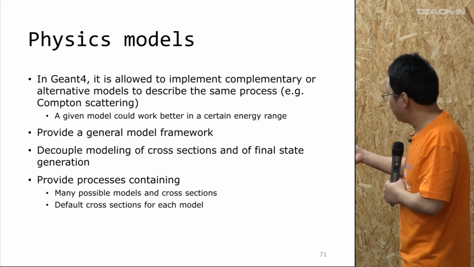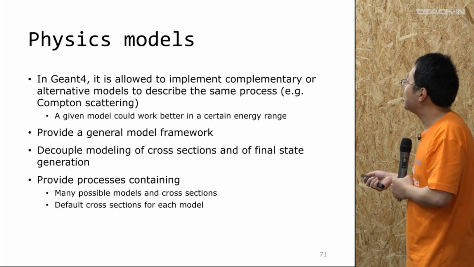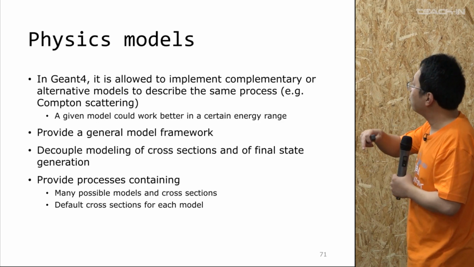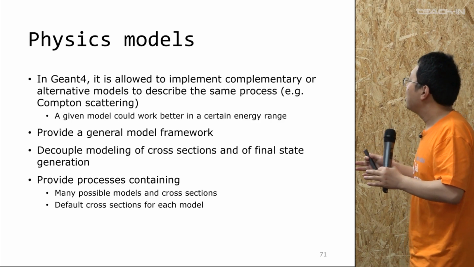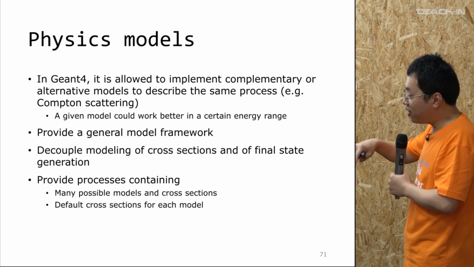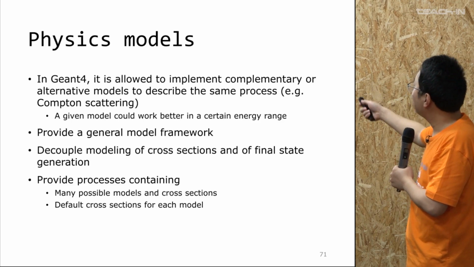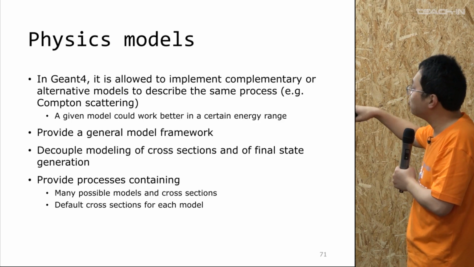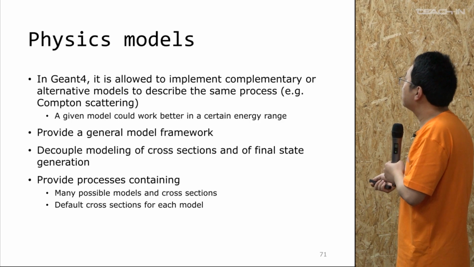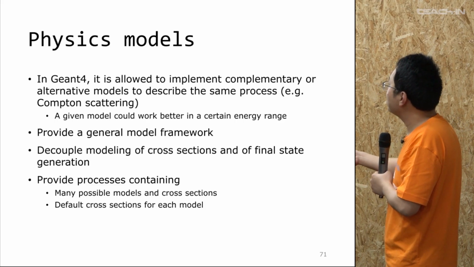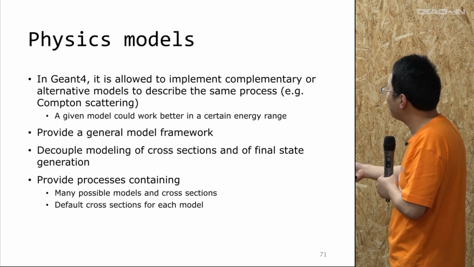Geant4 provides this general model framework, and it decouples, for example, the cross section and the final state. By decoupling this, the developer can just focus on a special region. For example, if the final state is not correct, it can do more correction in the final state generation part. So Geant4 actually provides a lot of models and also cross sections.